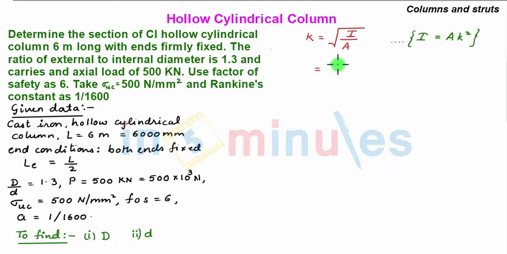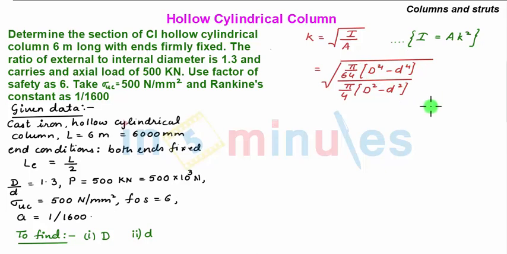So upon substituting the values for I and A, we have I is equal to pi by 64 into capital D to the power 4 minus small d to the power 4, the whole upon area, which is given as pi by 4 into capital D square minus small d square. Now your D to the power 4 minus small d to the power 4 could be considered as a square minus b square, whose value is equal to a plus b into a minus b.